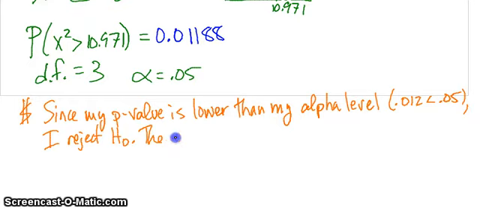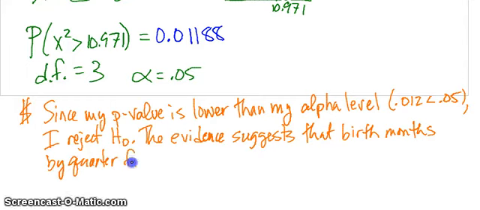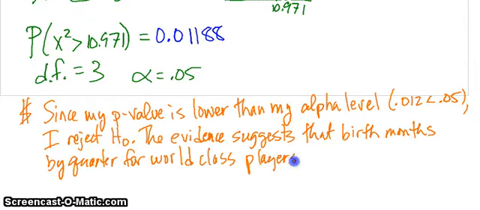Okay, so the evidence suggests, and this is our conclusion, that birth months by quarter for world-class players of soccer are not evenly distributed.